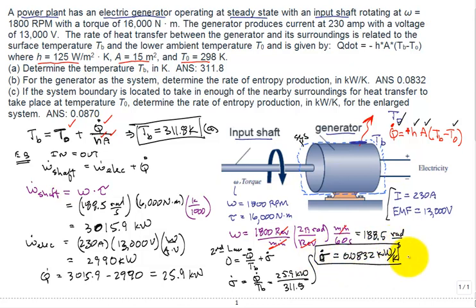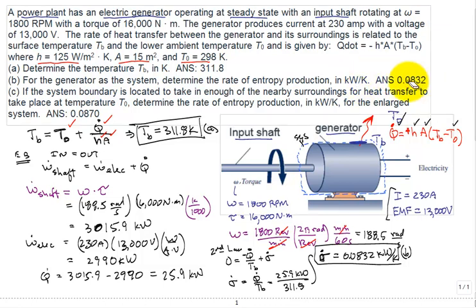That's the answer for part B. Be careful, every now and then they'll want it in watts per Kelvin. If they wanted it in watts per Kelvin, then it would be 83.2 watts per Kelvin, but they didn't.